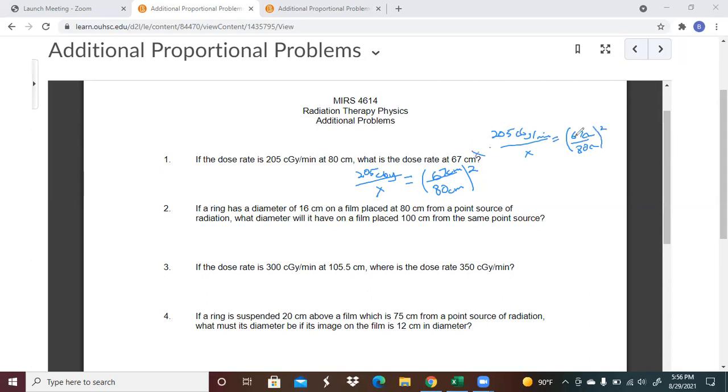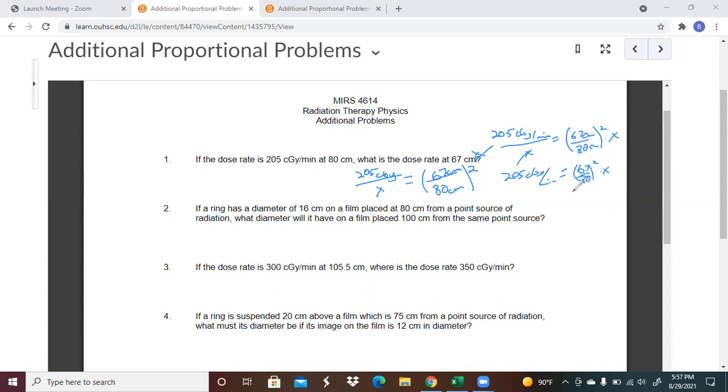Multiplying both sides by x means that they cancel over here, which gives me 205 centigrade per minute is equal to 67 divided by 80 squared times x.